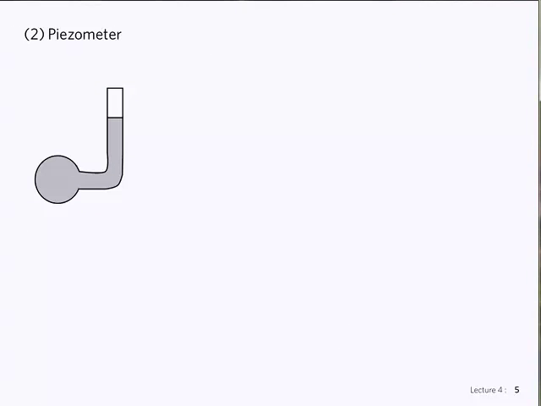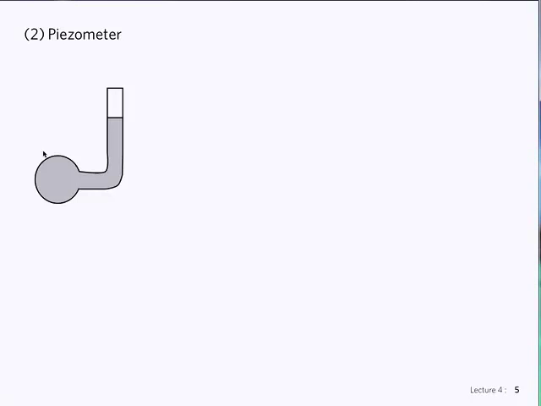A piezometer is used to measure pressures, for example, inside a tank. I've drawn this little circle, but it could be a big tank containing some sort of liquid. In a big tank that contains, say, gasoline or water, at the point where you want to measure the pressure, you can just have a little hole and a tube connected vertically upwards to the atmosphere. That height will indicate the pressure.